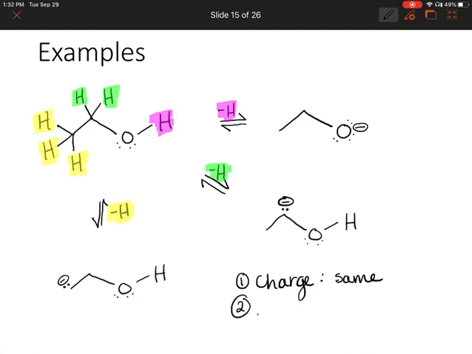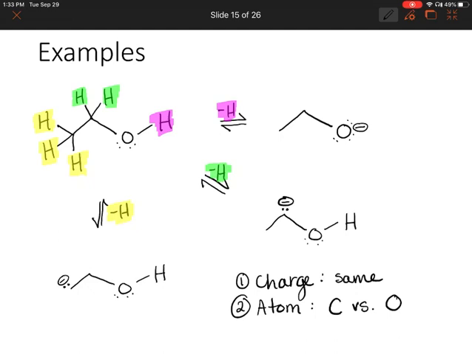So then the next step is to compare atoms. Okay, so if we lose the purple hydrogen, we have a negative charge on oxygen. But if we lose a green or yellow hydrogen, we have a negative charge on carbons. Okay, so we have a difference here, C versus O.